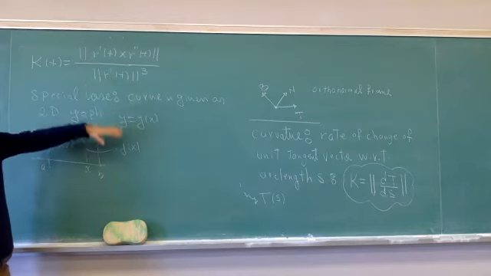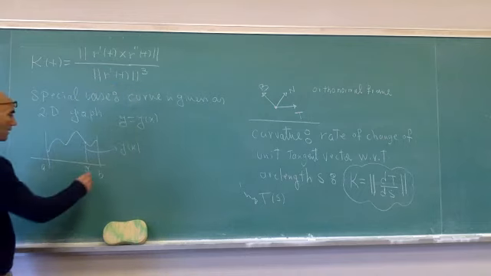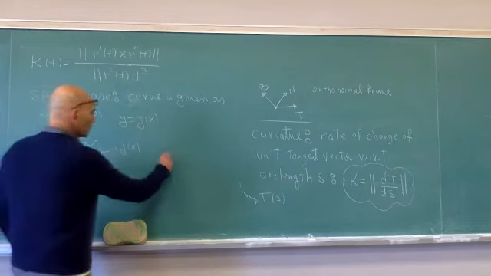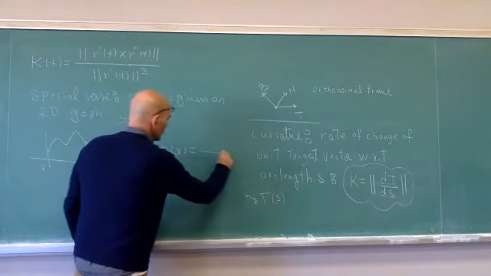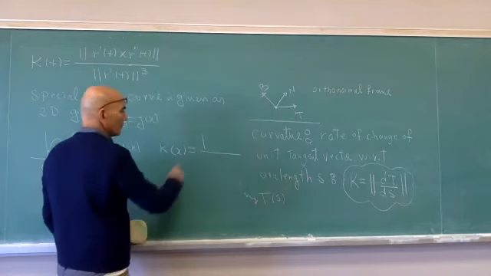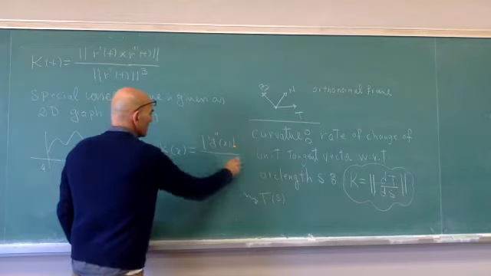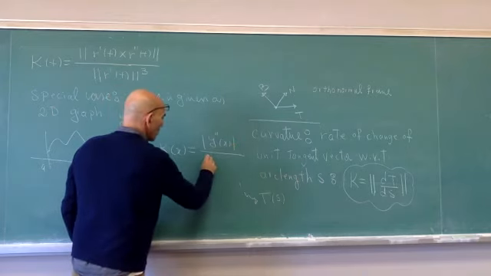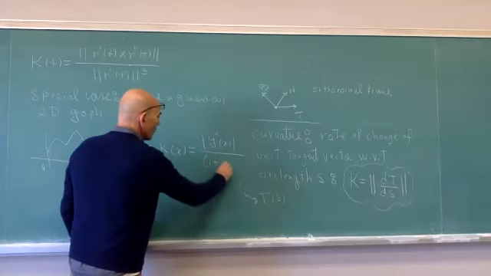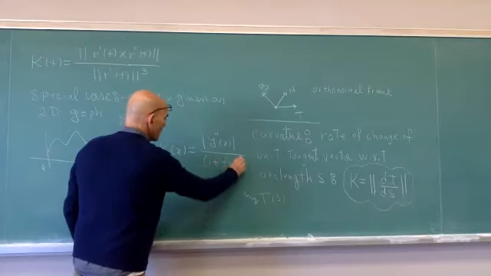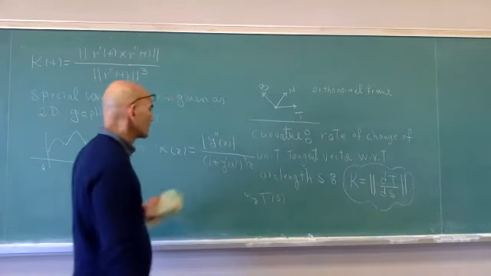And these general formulas, when you work them out in this case, simplify further. So in this case, the curvature at x turns out to be equal to the absolute value of the second derivative y double prime of x, divided by 1 plus y prime of x squared, to the power 3/2.